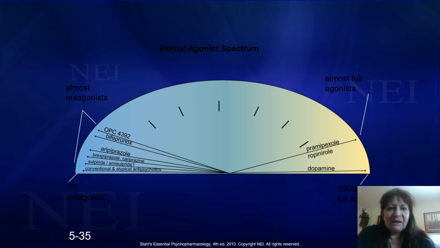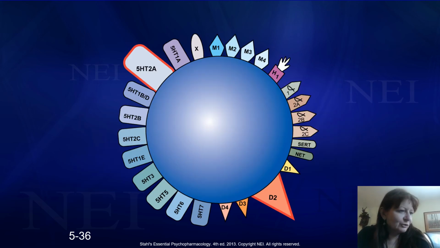So this is showing us the spectrum of dopamine partial agonists. Some are silent antagonists to full agonists. The two rips in a pip are closer to the antagonist end of the spectrum.